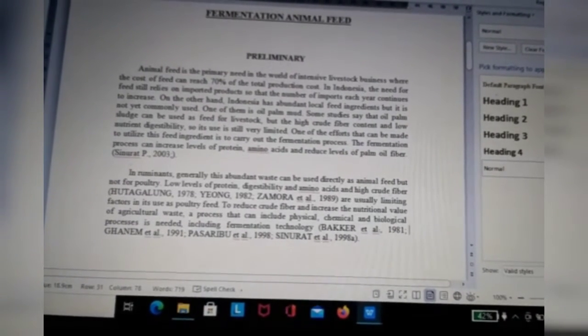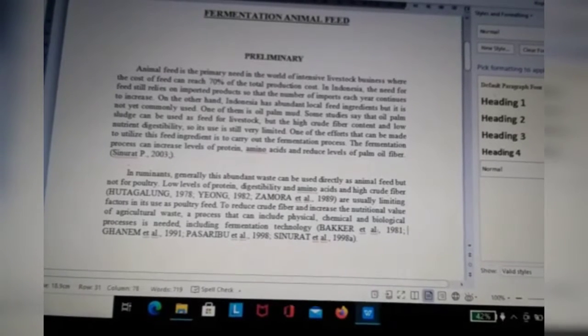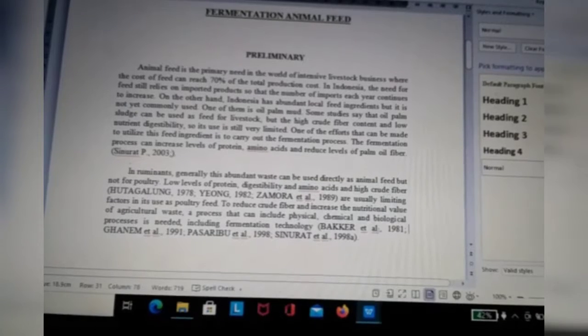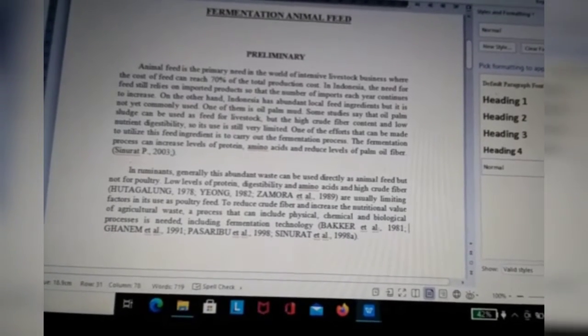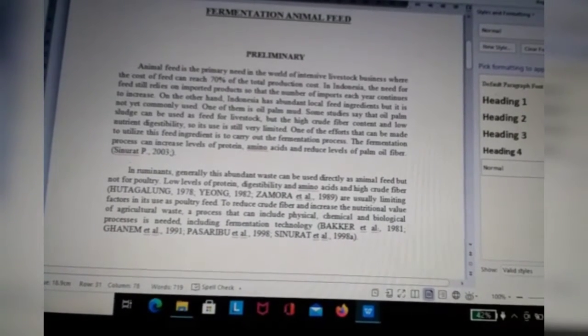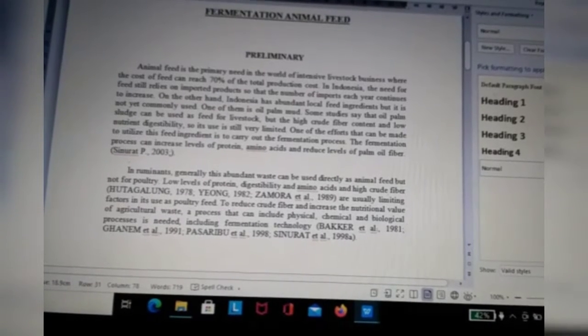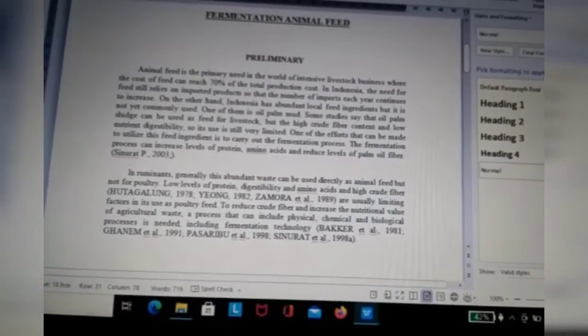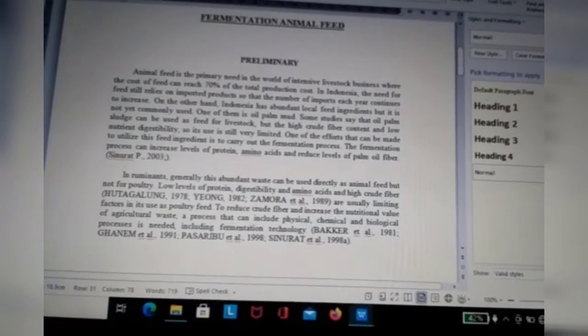To reduce crude fiber and increase the nutrition value of agricultural waste, a process that can include physical, chemical, and biological processes is needed, including fermentation technology.